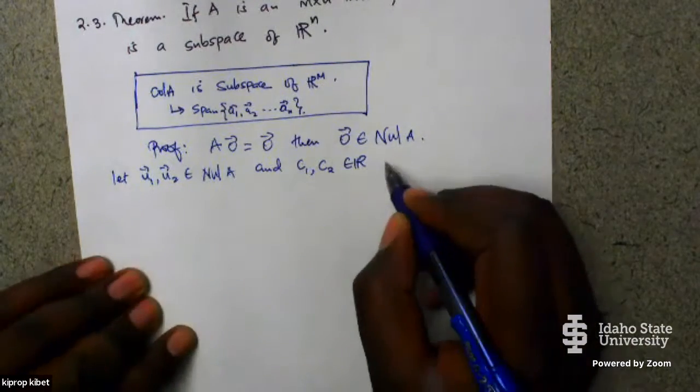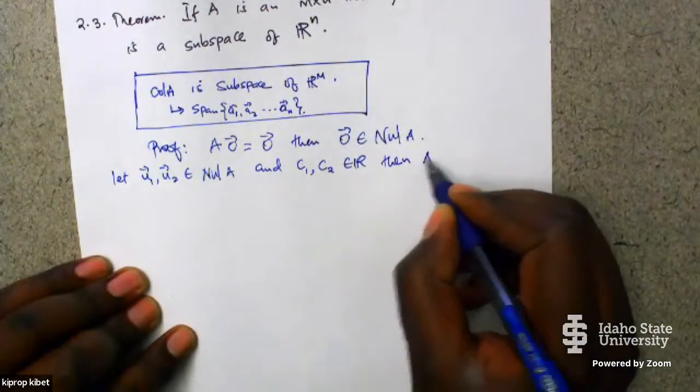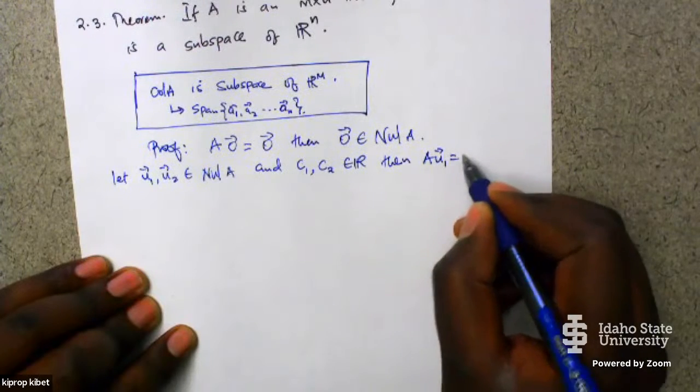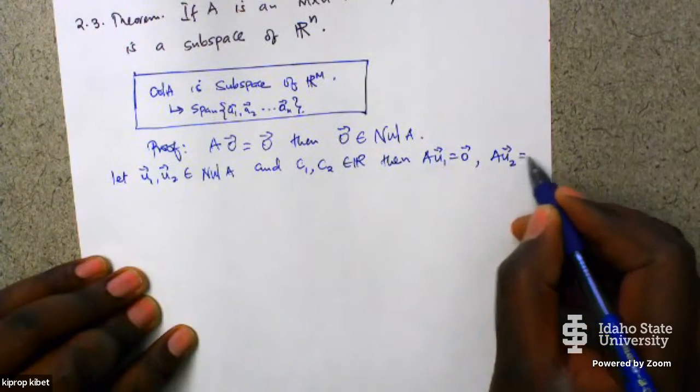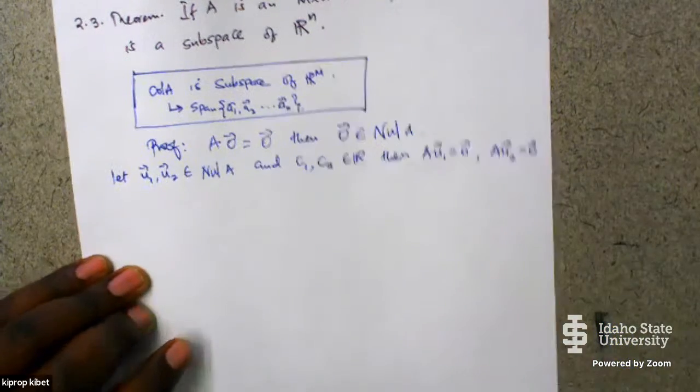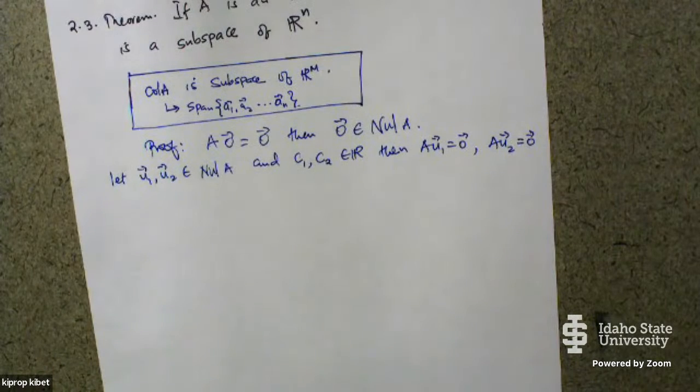Then AU1 is equal to the zero vector, and AU2 is also equal to the zero vector.